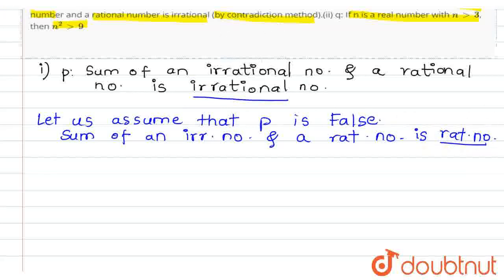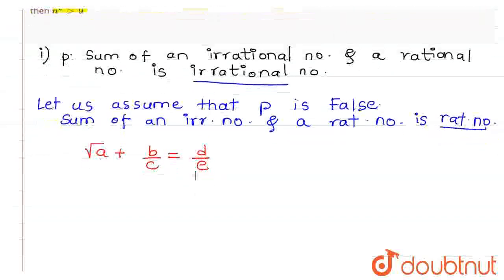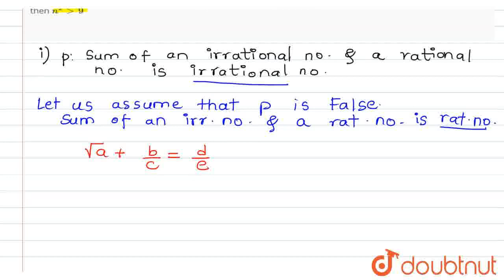So we can consider this using an example. So this is one irrational number, root a. It is added with a rational number, suppose b upon c, and it gives you a rational number, d by e, according to our assumption, correct? Where root a is irrational, b by c and d by e are rational numbers.